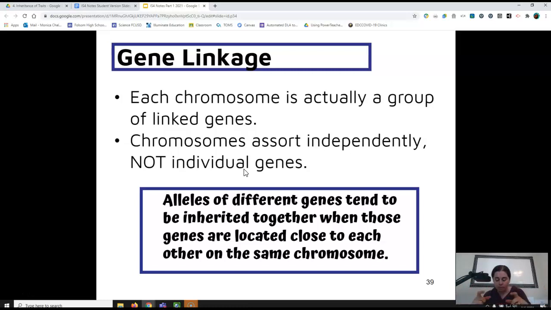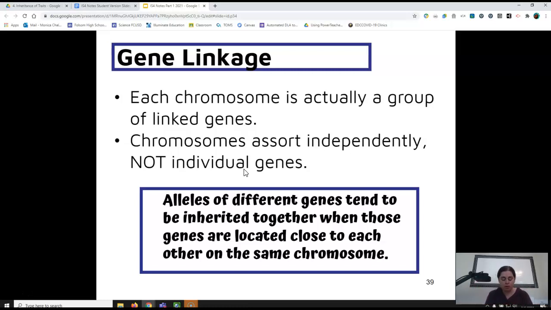The box here says alleles of different genes tend to be inherited together when those genes are located close to each other on the same chromosome, and that has to do with crossing over. If they're close together, the odds are they won't get separated through crossing over. If they're farther apart, the odds are they might get separated from crossing over, okay?